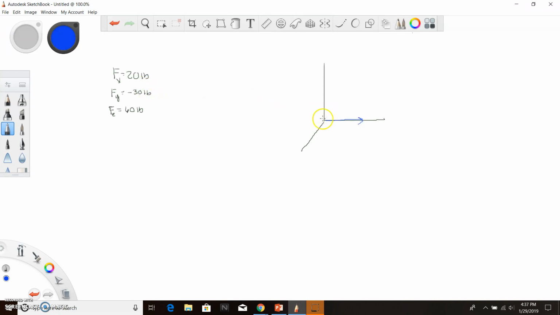F sub y is a negative 30 pounds, meaning that component is going to go straight down like that. And z being 60 pounds, it's going to be out along this way, kind of like that.